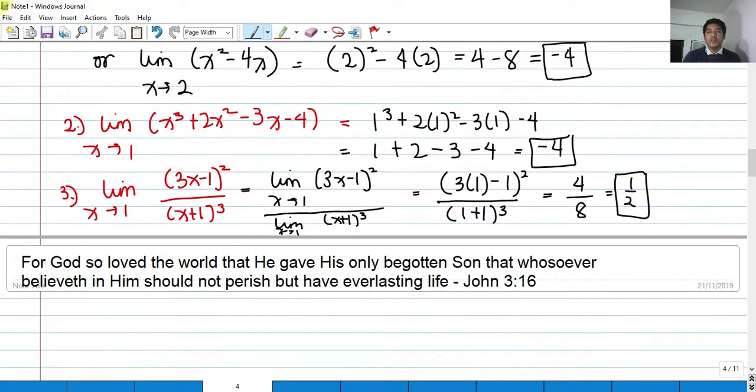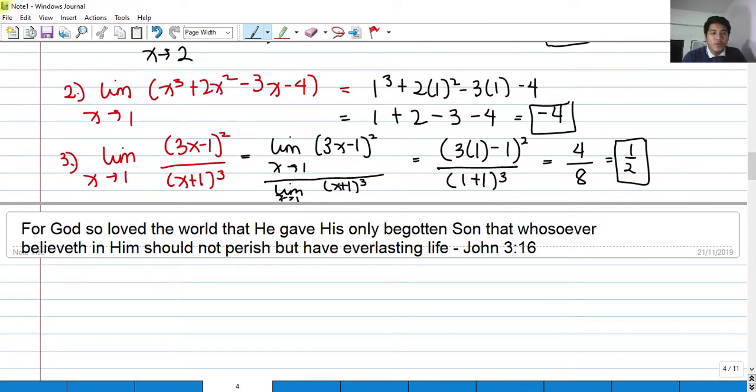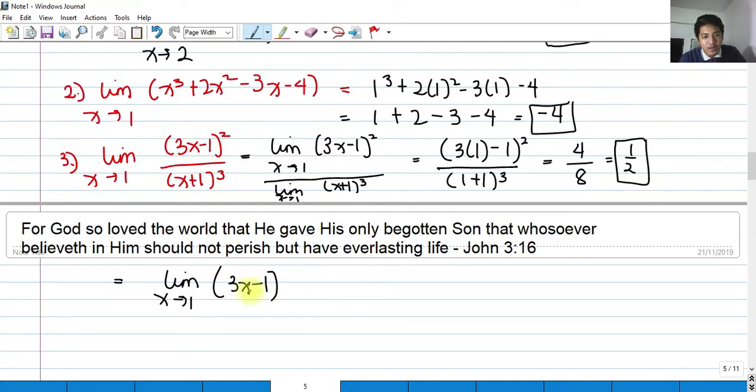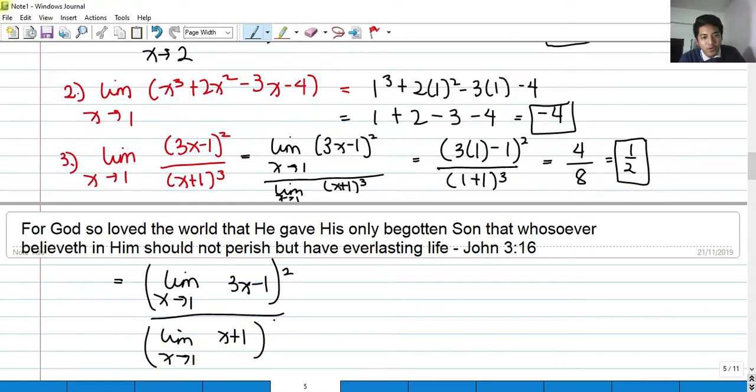Again, I didn't show you the whole process of the properties, because if we evaluate it, it is still the same. If you don't believe me, let's try again. So we have the limit as x approaches 1 of (3x minus 1), oops, we should not have a parenthesis here, squared over the limit of x plus 1 as x approaches 1, cubed.